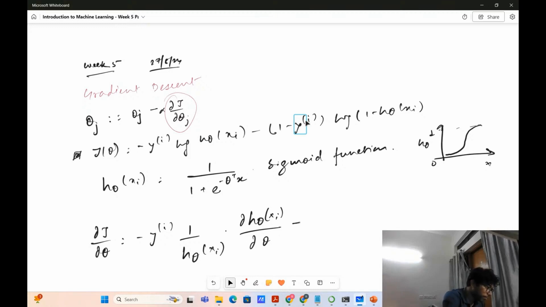Then minus (1 minus yi). Again, the derivative of log is 1 by x, and then del of h theta del theta.